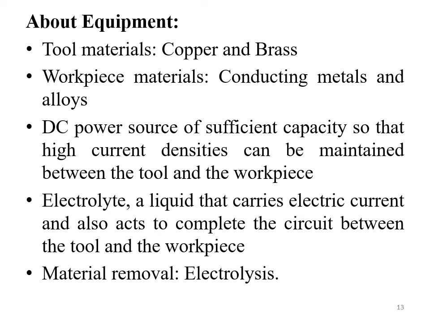Further, a high power DC source of sufficient capacity is required to achieve a high current density at the machining zone, and a small gap needs to be maintained between the tool and the workpiece. Further, the electrolyte is a liquid that carries the electric current and also acts to complete the electric circuit between the tool and the workpiece. Generally, a good liquid with sufficient flowing capacity that carries the electric current can be used as the electrolyte in electrochemical machining.